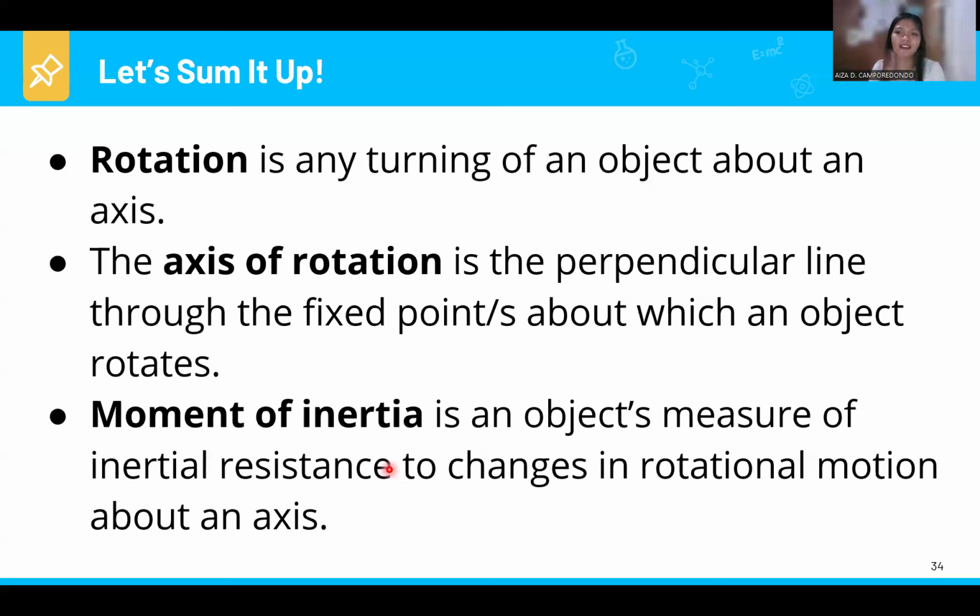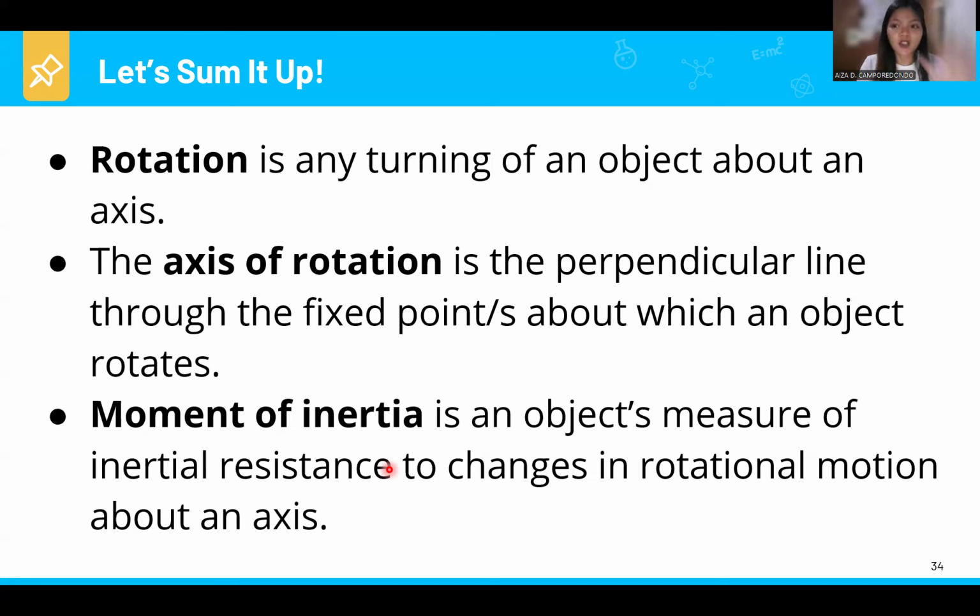Okay, we're done. So, we need to sum up all the key points of our discussion. Rotation is any turning of an object about an axis. And the axis of rotation is the perpendicular line through the fixed points about which an object rotates. Also, take note that the axis of rotation is on the fixed point, or it is not changing location.